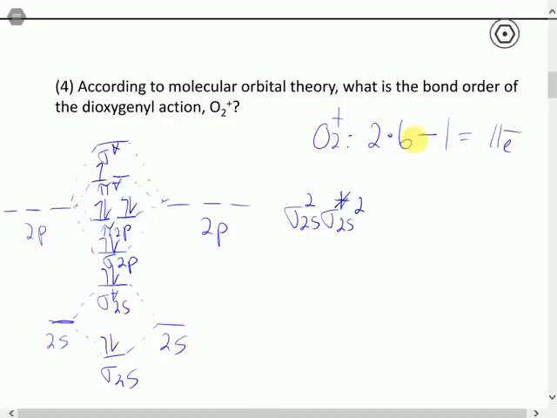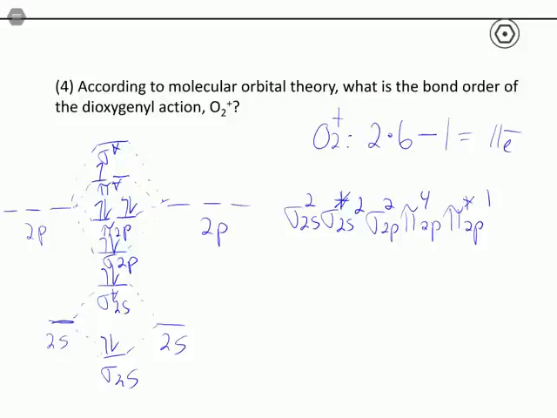Then sigma 2p has 2 electrons, so we're working from lowest energy to highest energy, just like we do for atomic configurations. You don't have to write all of this out, but this would be the configuration. Pi 2p 4, so our pi 2p is completely filled. There's 2 pi orbitals, so you can have a total of 4 electrons. And then our pi star 2p has 1 single electron in it. That's the last electron we put in up here.